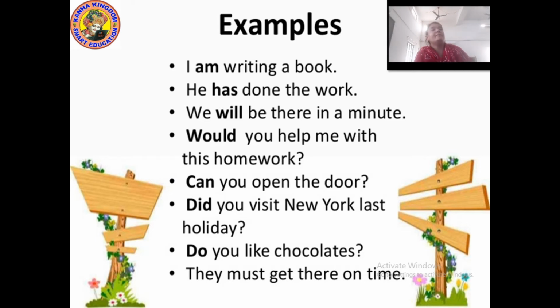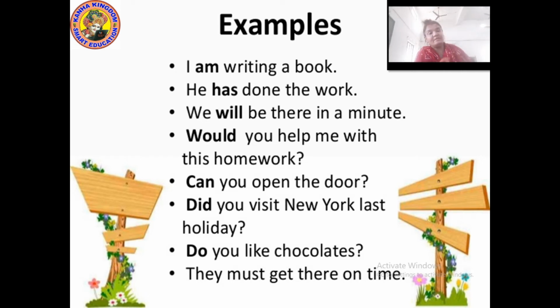I am writing a book. Here the auxiliary verb is am. And the main verb is writing, write. I added ing, so it became a progressive sentence.